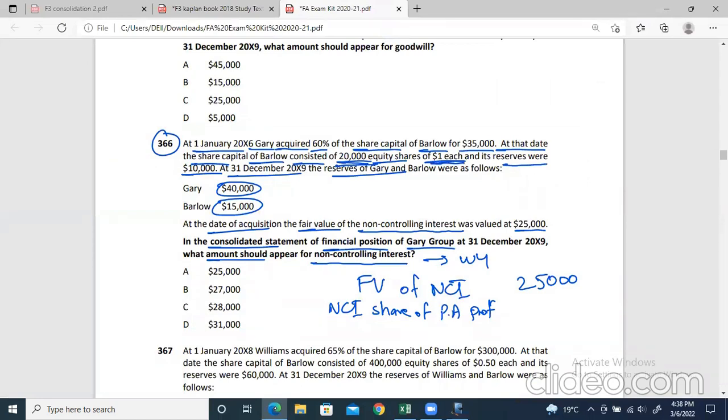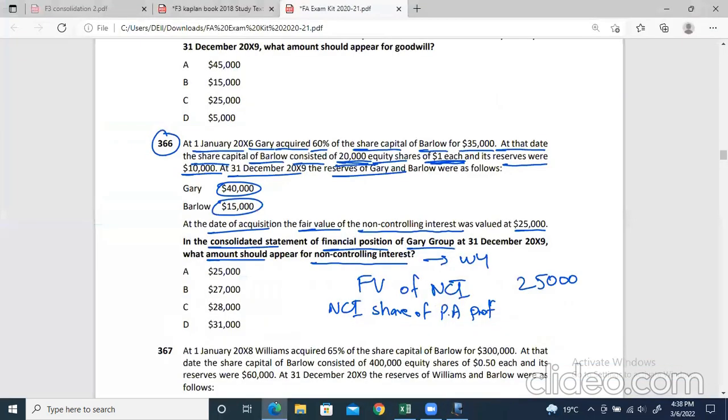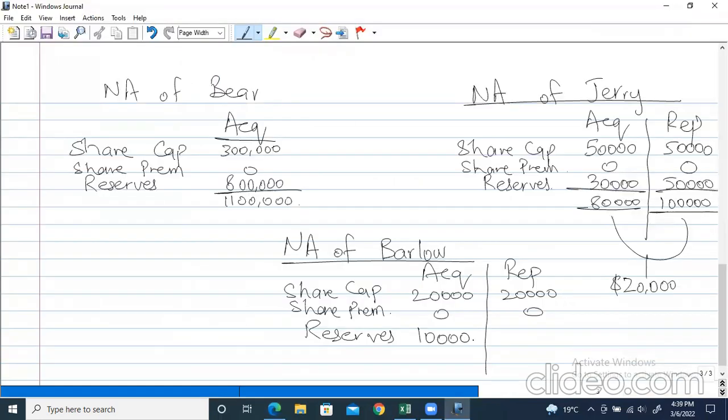So that means the answer is 20,000. So 20,000 over here, and at reporting this remains the same as well. There is no share premium, so I'll leave it as 0. And reserves, you can see at acquisition it's written in the start 10,000, and at reporting date it's 15,000 for Barlow, right? We don't have to take the Gary one because this is the subsidiary. Yeah. So 10,000 is over here and 15,000 is over here.